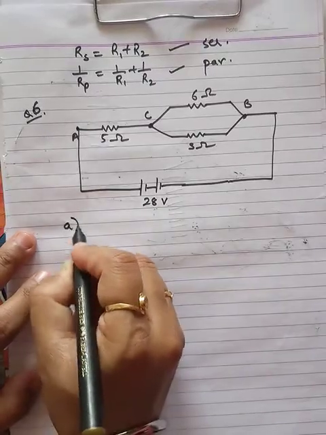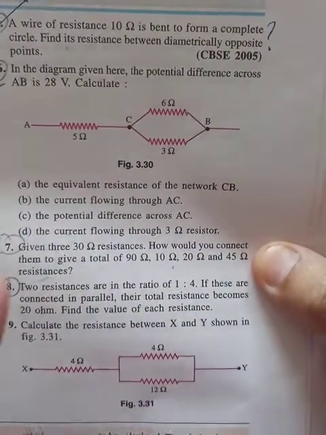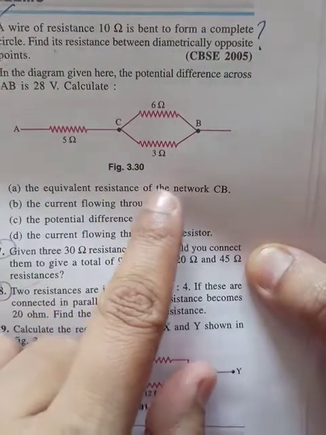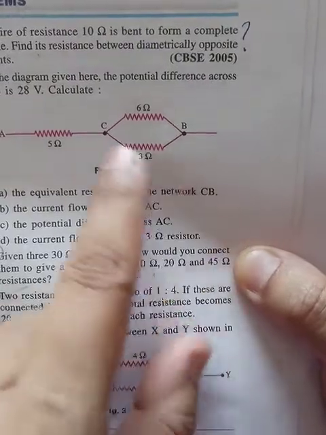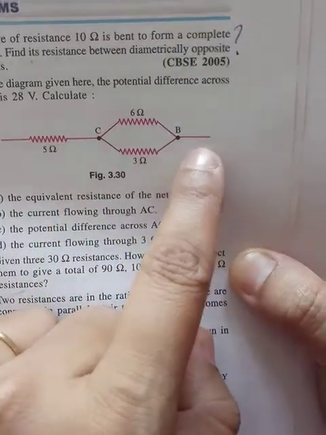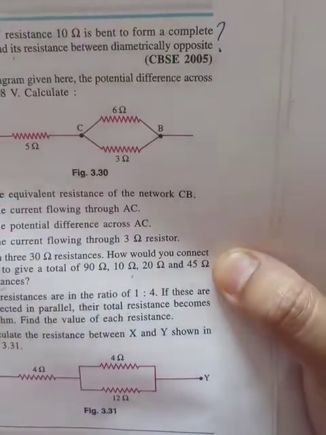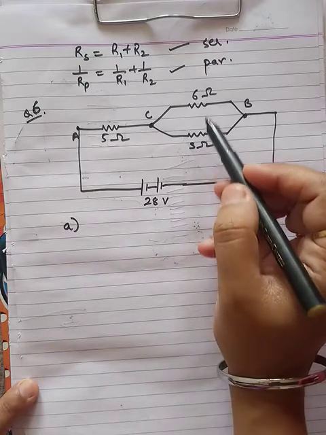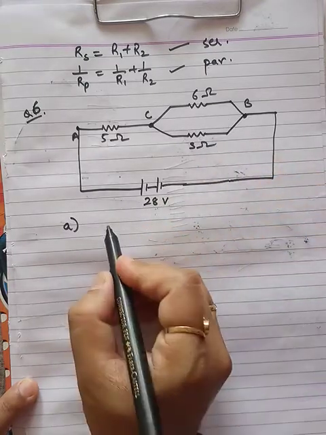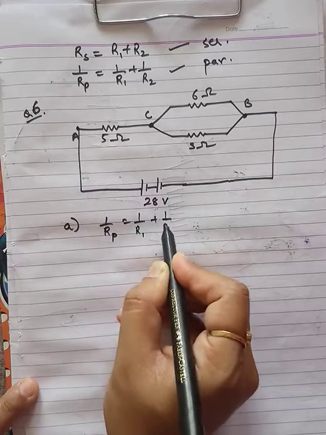So in part A, what is asked? In part A, the equivalent resistance of the network CB is asked. CB is this and this. That means they are asking only about the parallel combination. The equivalent resistance in the parallel combination can be found using the parallel formula 1 by R1 plus 1 by R2.